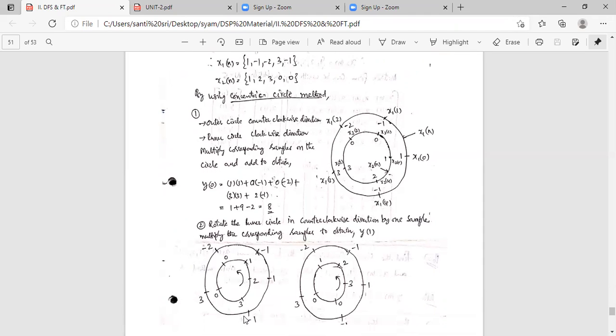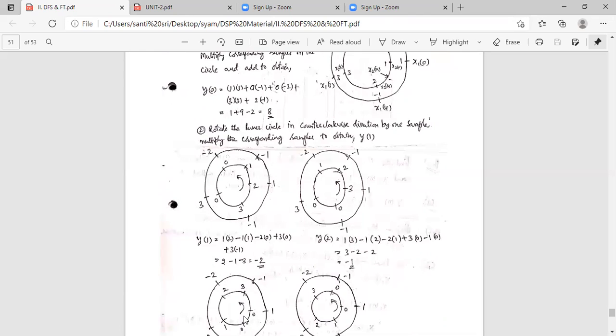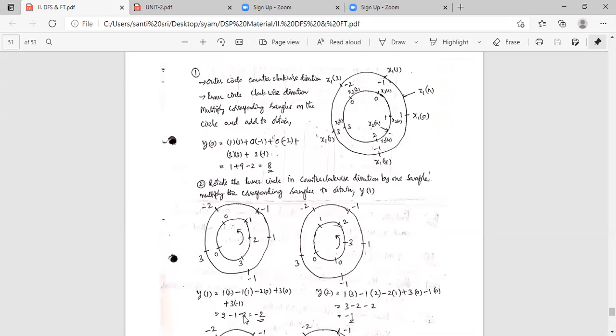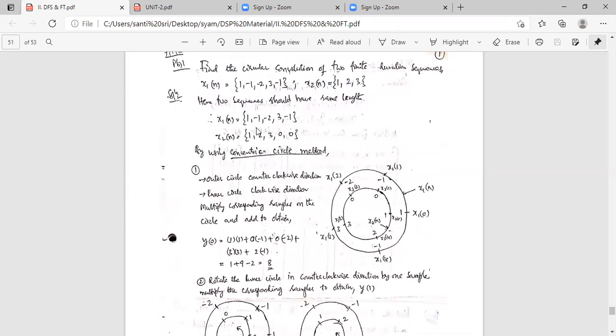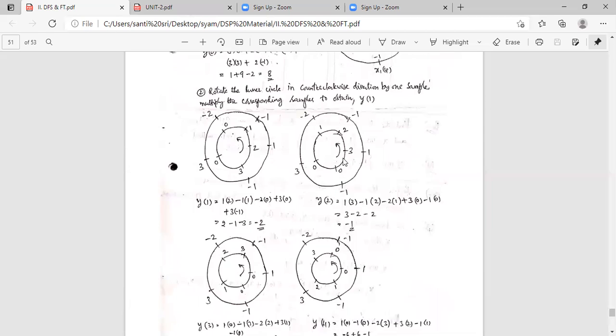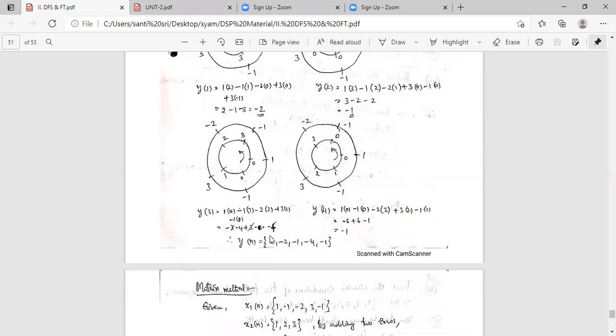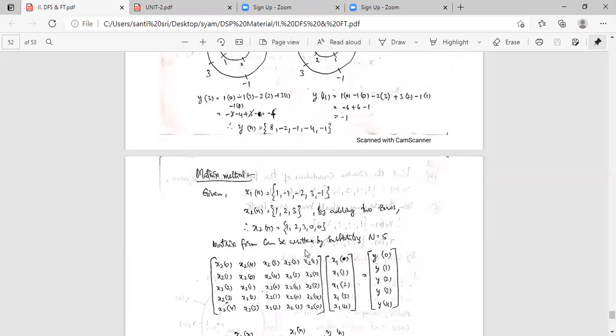Like this, it will be rotated counterclockwise by one sample each time, so that we will get the values of y of 0, y of 1, y of 2, y of 3 and y of 4. So y of n is equal to 8, minus 2, minus 1, minus 4 and minus 1. In the same manner, we will do the matrix method also.